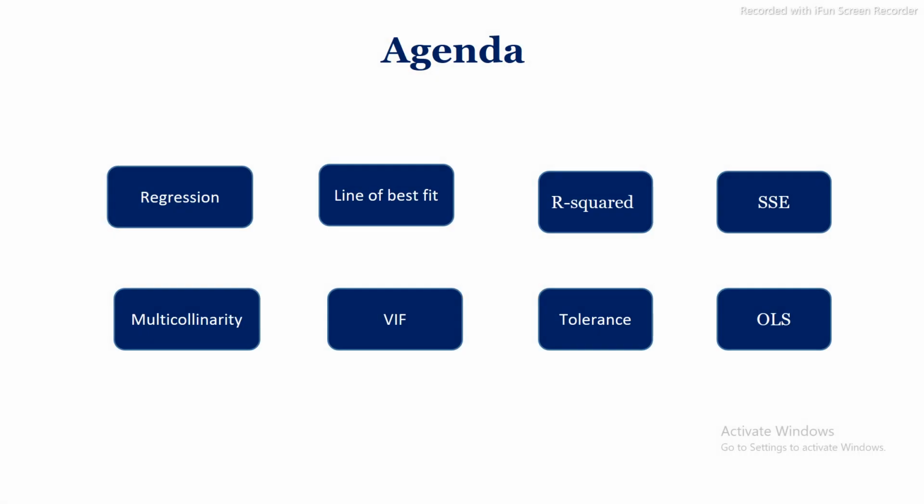There are different KPIs of regression analysis. Typically we come across some key terms. First, obviously, the regression line of best fit. You might be asked in an interview what the line of best fit is, R squared, sometimes SSE, the sum of squared errors, and multicollinearity.